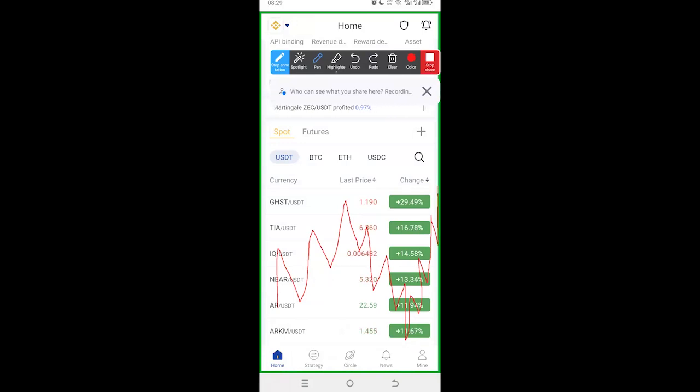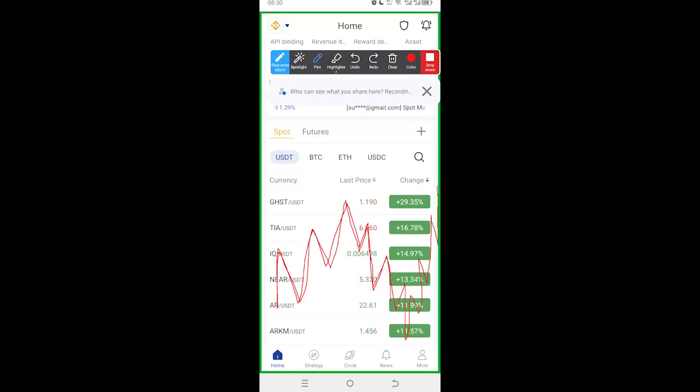Now, if you are able to see my screen well, you'll be able to see that in what I was drawing, I was marking the uptrend, the downtrend, uptrend, downtrend, and so on.